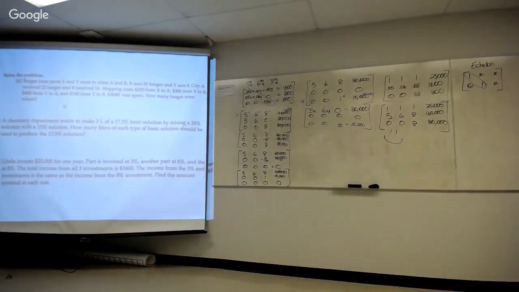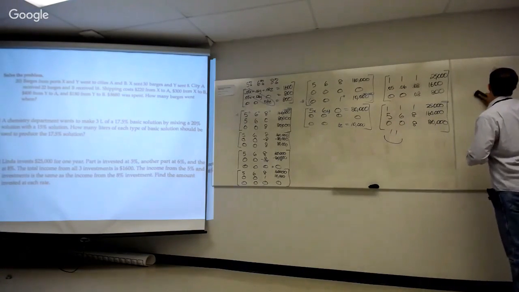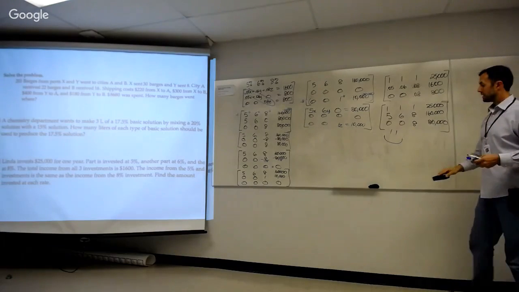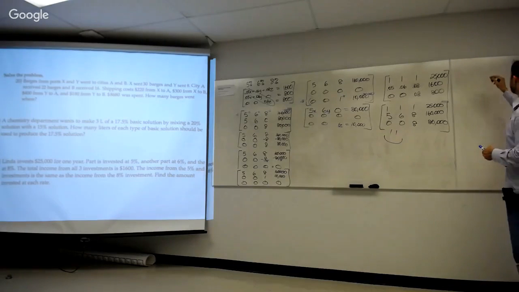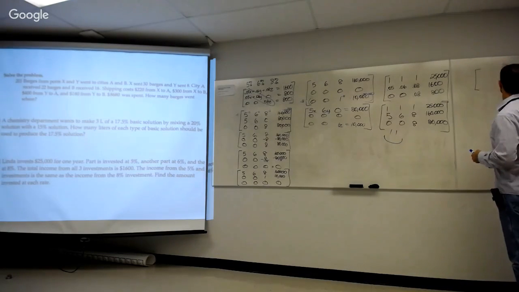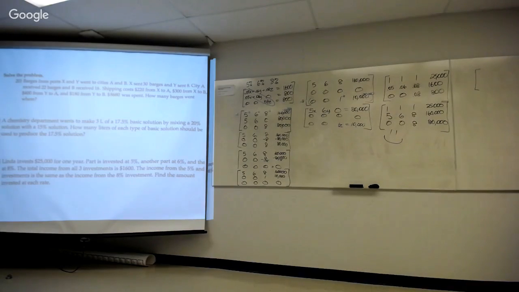So, how do we set up number 20? Okay, so it says ports X and Y sent barges to cities A and B. X sent 30 barges, and Y sent 8. We've got 2 ports and 2 cities.